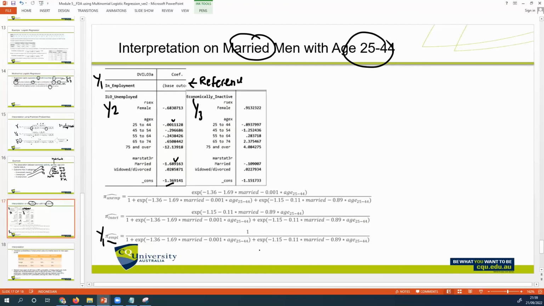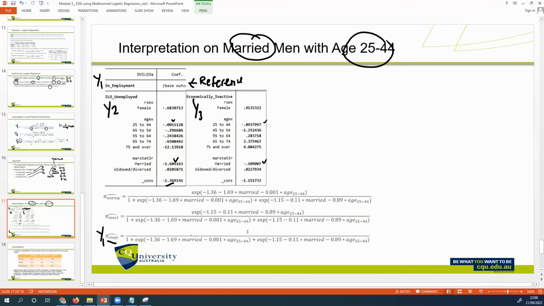Plus, this is for Y2, exponential of minus 1.15 minus 0.11 of married, minus 0.89 times the age.